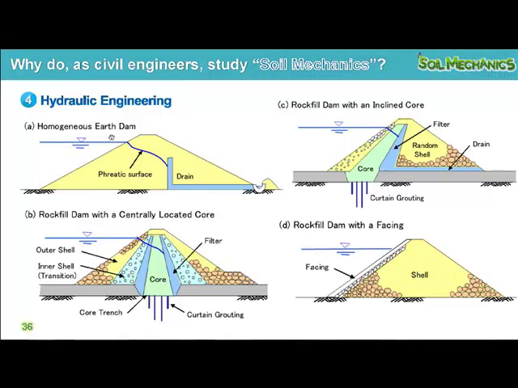And you can install a drain here, like a drain layer, that allows water from here to accumulate in this drain and then flow out here. If we do not install this drain, the water can flow through here and cause erosion in this zone. So time by time it will fail.